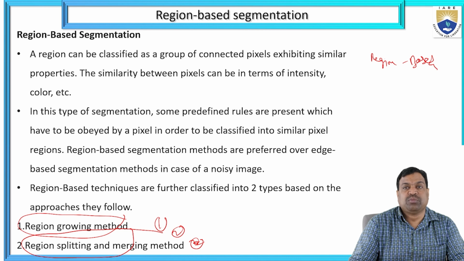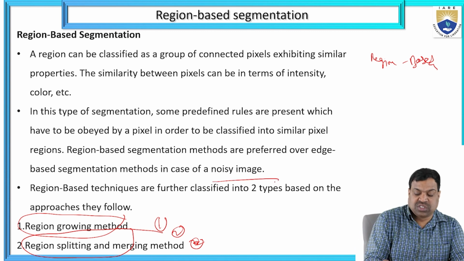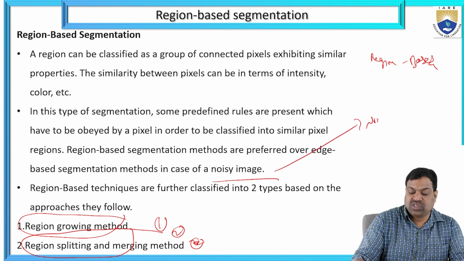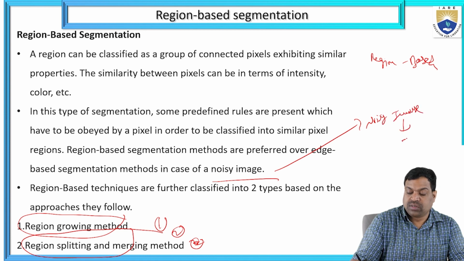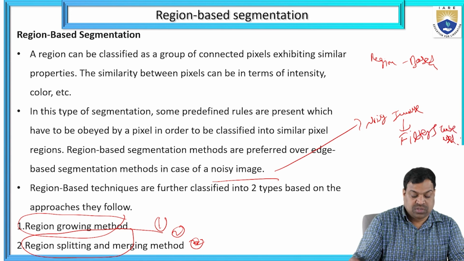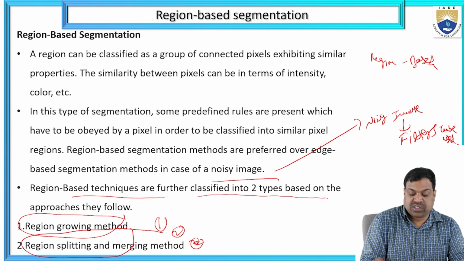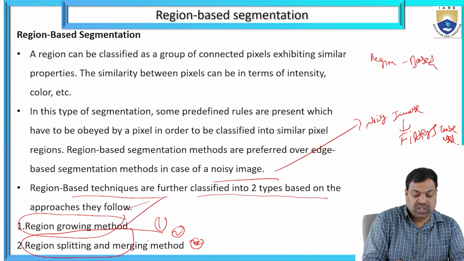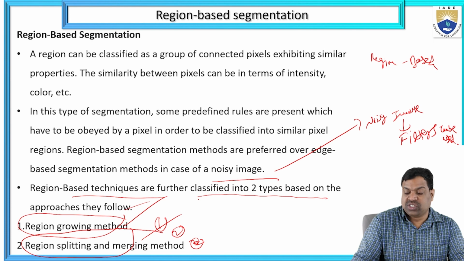Region-based segmentation methods are preferred over edge-based methods in the case of noisy images. When it is a noisy image, filters can be used. Region-based techniques have two different approaches: region growing, and region splitting or merging.